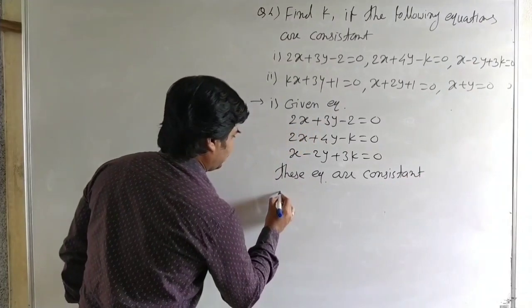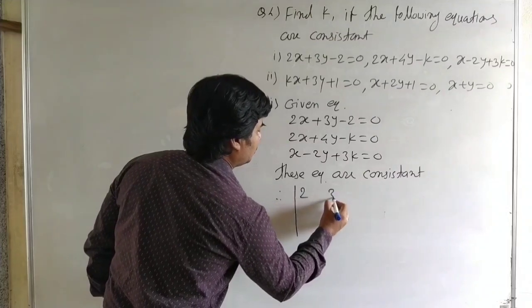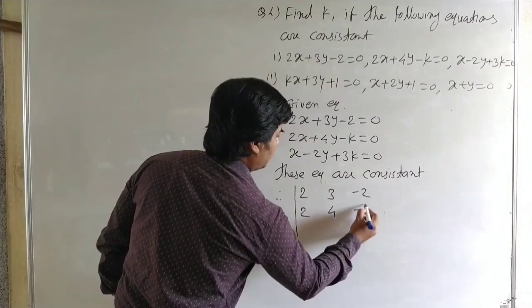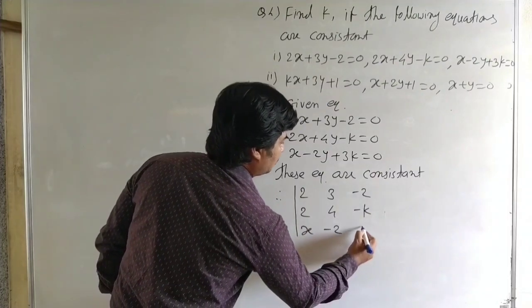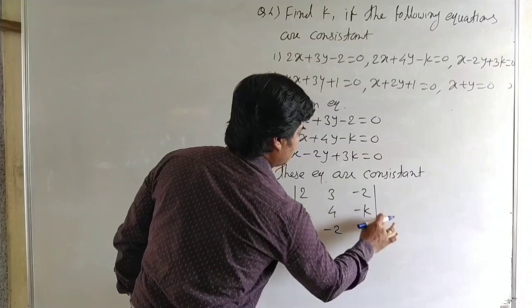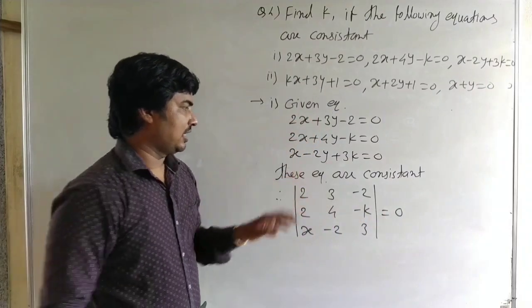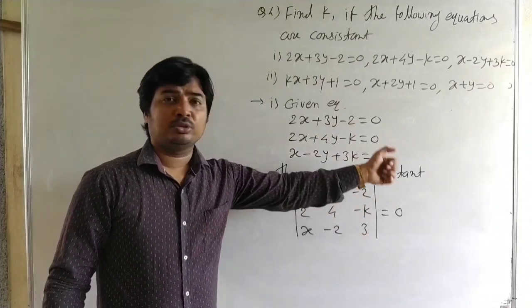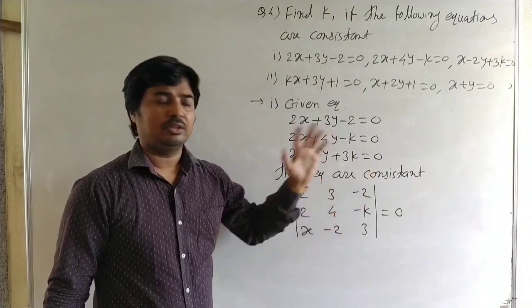Therefore, the determinant of 2, 3, minus 2; 2, 4, minus k; 1, minus 2, 3k is equal to 0. Here this is the determinant. Now we know that the equations are consistent, therefore this determinant is equal to 0. Now first we solve this determinant and find the value of k.